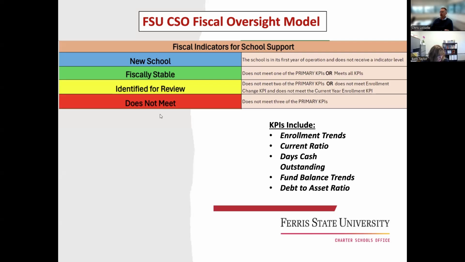Then that's something that we would work with you on to understand better. So there'd be open lines of communication after that notification. The KPIs that we use include enrollment trends, the current ratio, days cash outstanding, fund balance trends, and the debt to asset ratio.